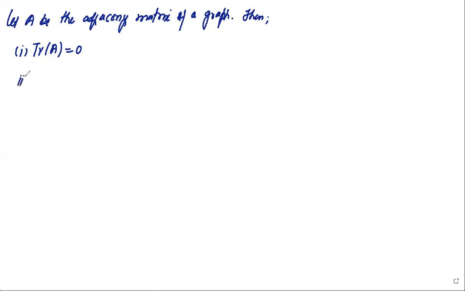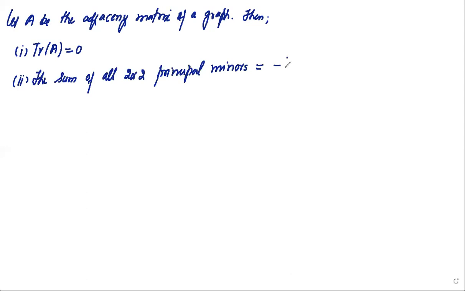Now, the second observation was the sum of all 2 cross 2 principal minors is equal to negative times the number of edges in the graph.